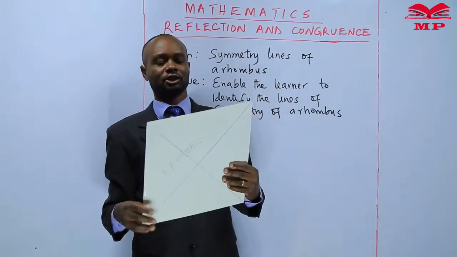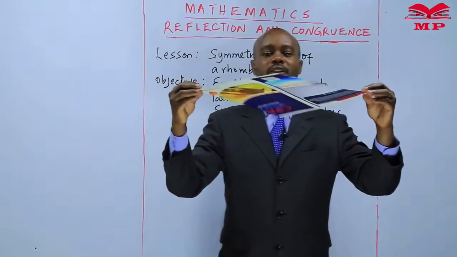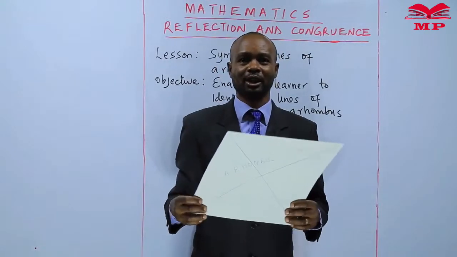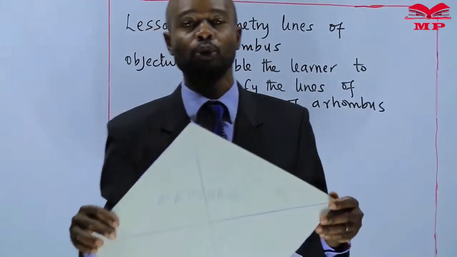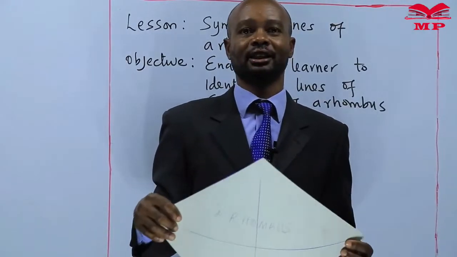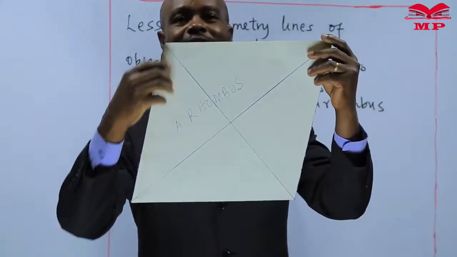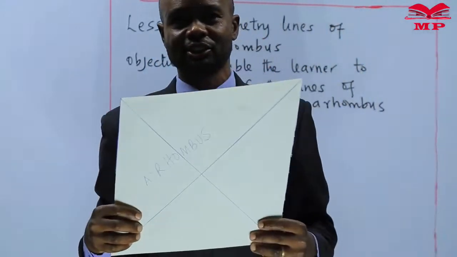They say seeing is believing. That's why I have the rhombus here cut out from a piece of paper. We know a rhombus is a quadrilateral whose sides are equal. A quadrilateral, because the angles at the vertices are not 90 degrees.